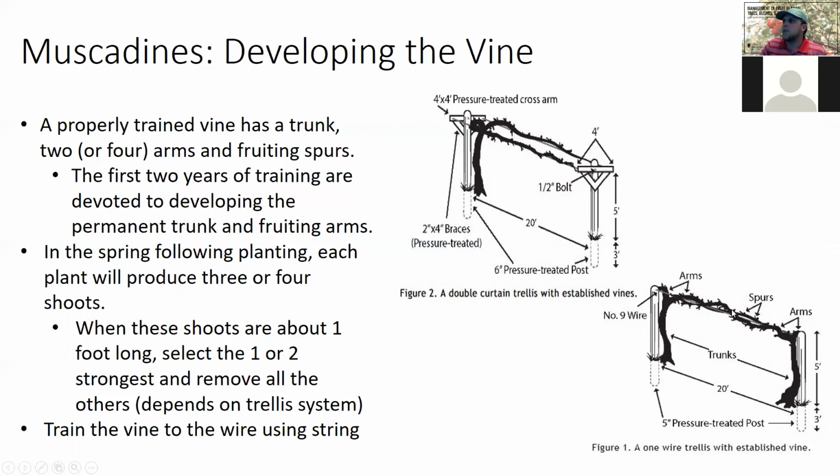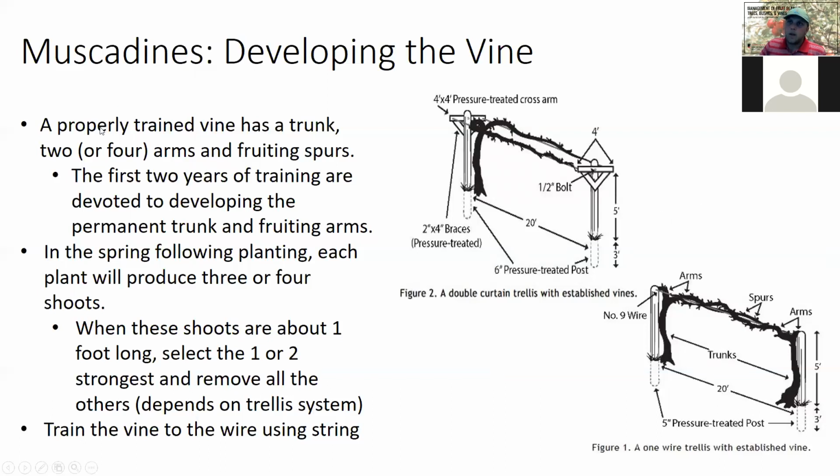You've got your arms or runners, and then your fruiting spurs that come off of those. This would be a double curtain trellis system, which is basically the same thing, you just have 2 arms coming off and running down both sides on the wire.